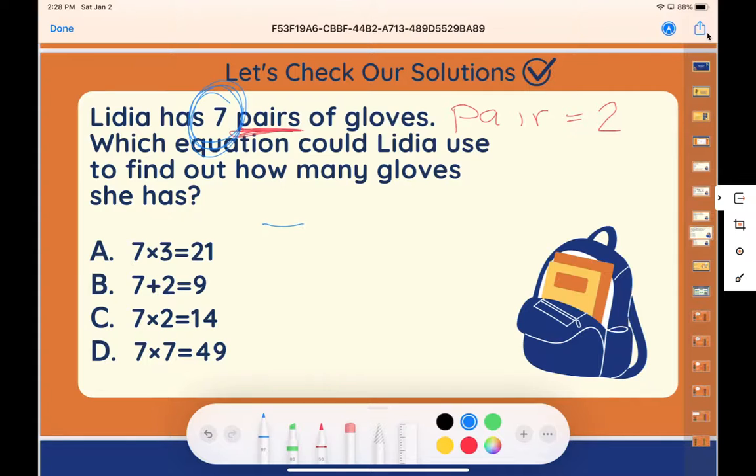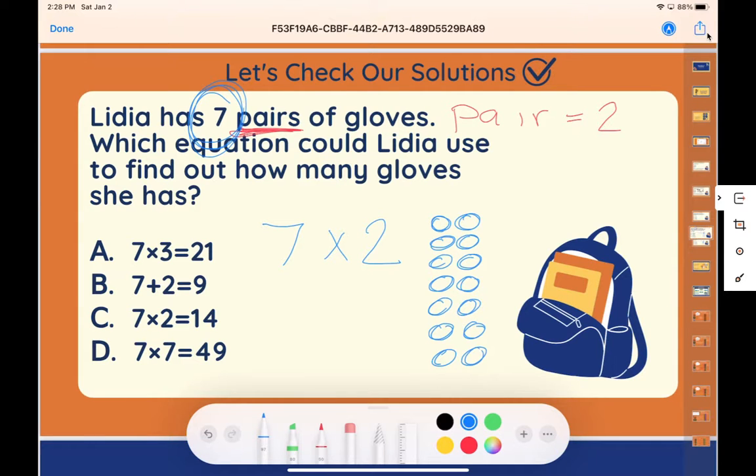Did you say 7 times 2? If you did, you are absolutely correct. And we know this is correct because our first pair would be our right glove and our left glove. So we've got 2 gloves here. And we would have a second, third, fourth, fifth, sixth, and seventh.